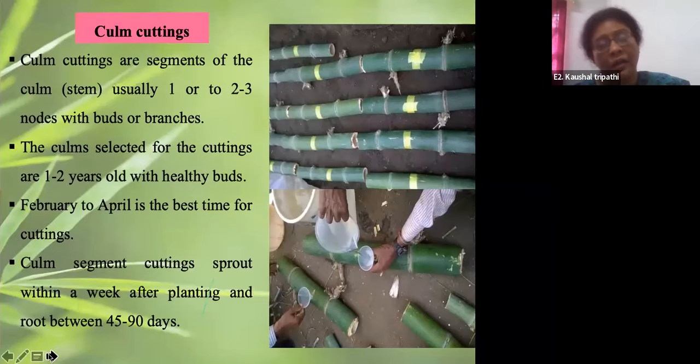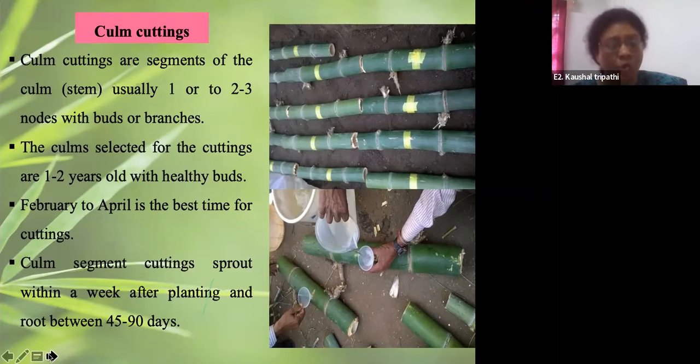And in addition to whole culm, we can use the culm cuttings, which we commonly follow here in our institute. We are using culm cuttings, either single nodal cuttings or double nodal cuttings. Culm cuttings are segments of the culm or the stem, usually 1 or 2 nodes with buds and branches. The culm selected for the cuttings are 1 to 2 year old with healthy buds.